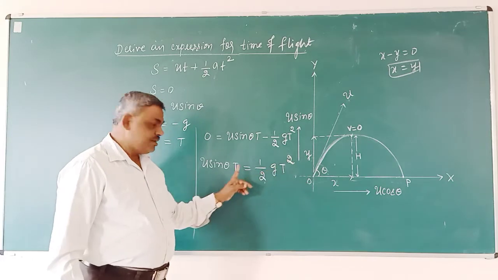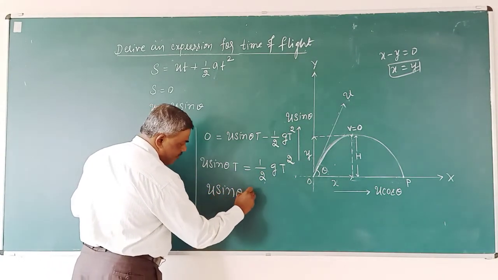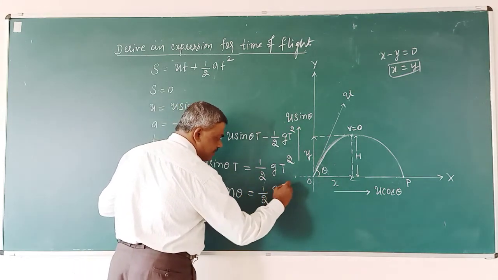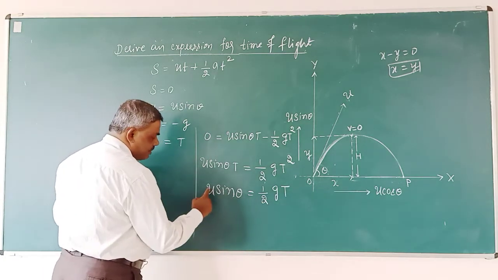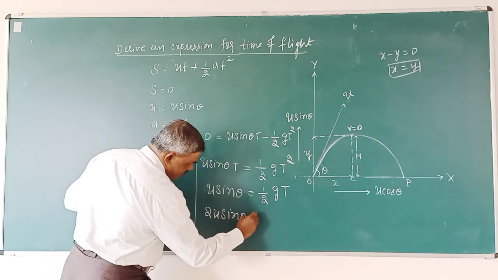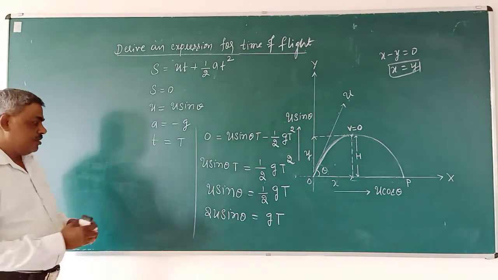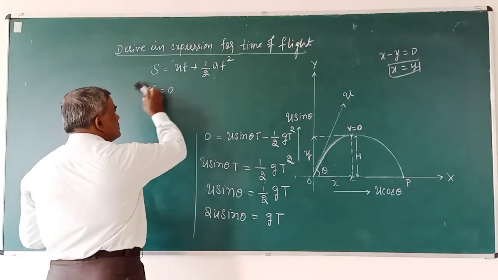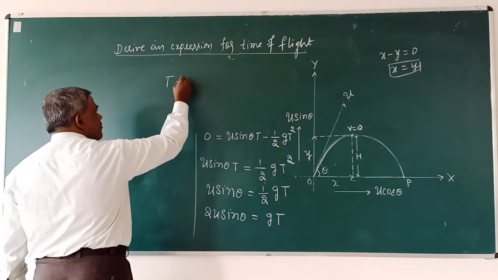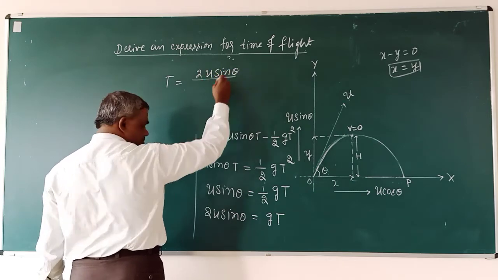Now here the square and T cancel. So u sin theta equals one by two g capital T. Now cross multiplication: 2u sin theta equals g into T. This equation is written as T equals 2u sin theta by g.